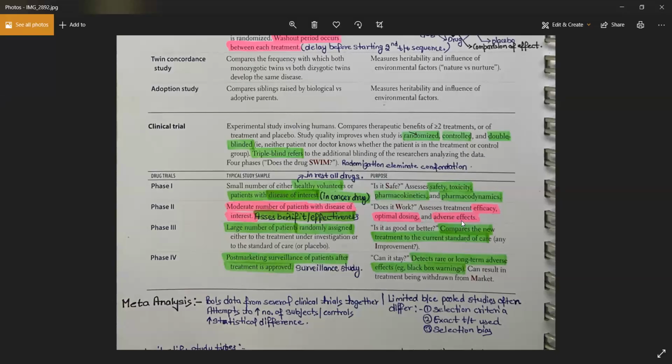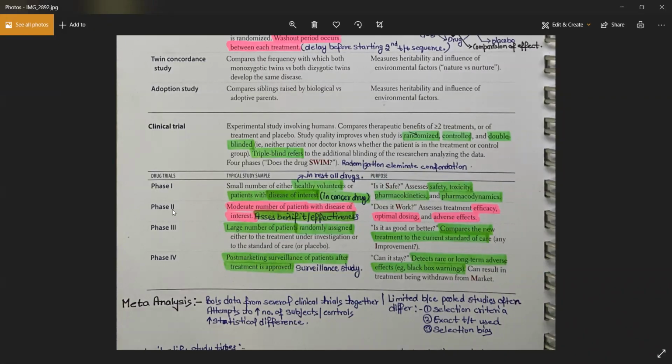Again, you will check for efficacy, whether the drug is beneficial or not. What is the dosing required to get the effects? So what are the effects, what are the dosing, and what are the side effects? All of these things you're going to study in phase 2.